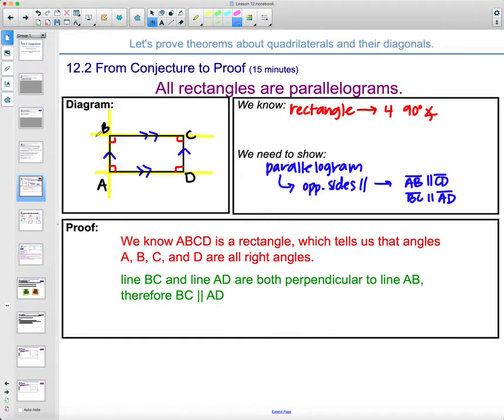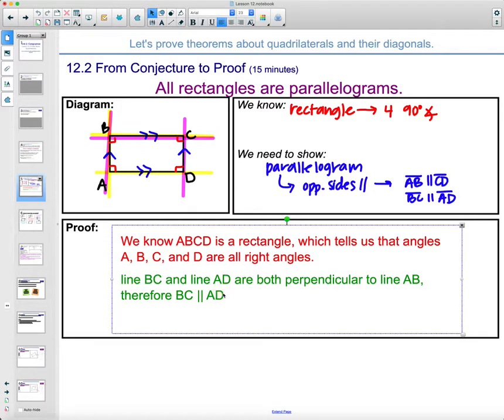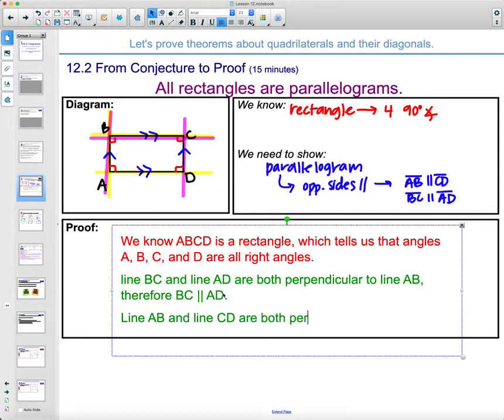Now that we've got the top and bottom parallel, we can look at this one. These two are both perpendicular to that top line. So we can say that line AB and line CD are both perpendicular to line BC.